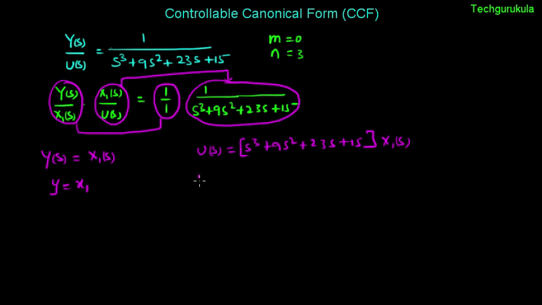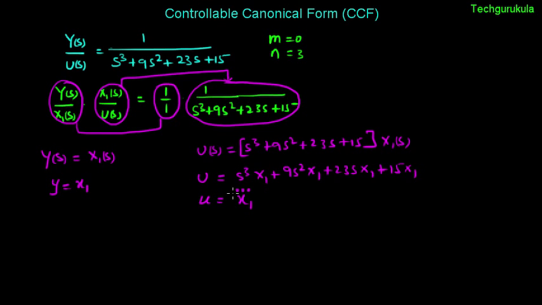Coming back to the second expression, we can write U(s) is equal to s cube times X1(s) plus 9s squared times X1(s) plus 23s times X1(s) plus 15 times X1(s). We can rewrite this expression in the time domain, where u is equal to x1 triple dot, because in time domain 3 times differentiation of x1 is in Laplace s cube times X1.